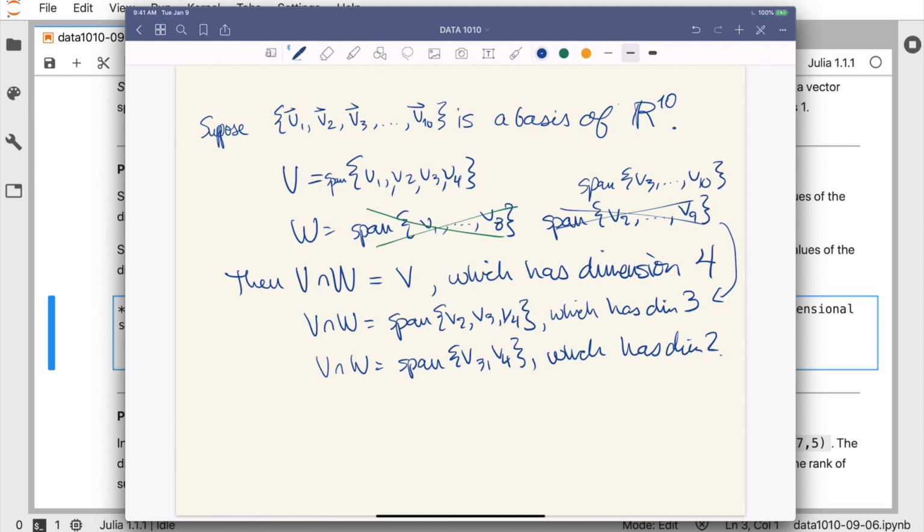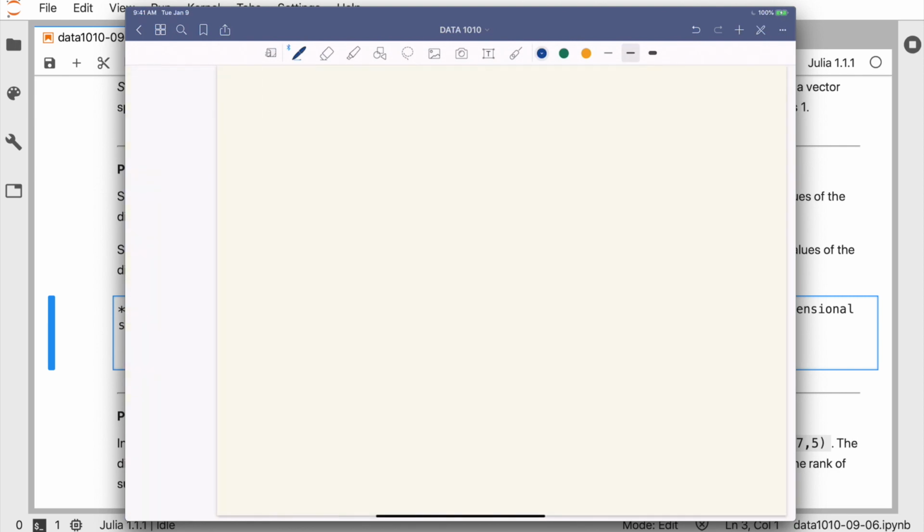So to show that there really is a lower bound here, what we want to do is apply the multiple extension principle.